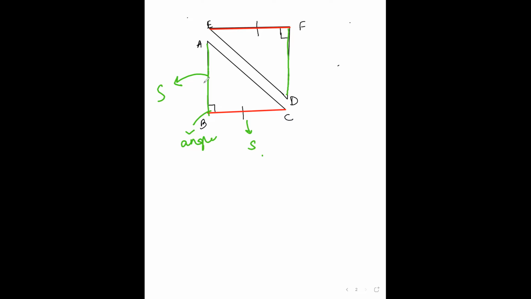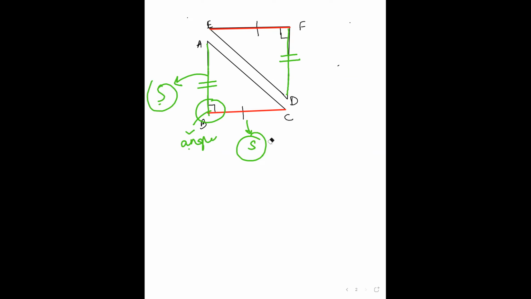If I tell you that this is one angle, this is one side, they are both equal, and this side is equal to this side, then which rule are we using here? SAS. It doesn't matter even if it's 90 degrees. We are using the SAS rule because we are using one side, one angle, and one side. And the angle has to be the included angle between these 2 sides. So this is the SAS rule.